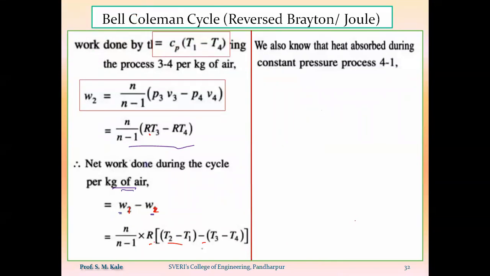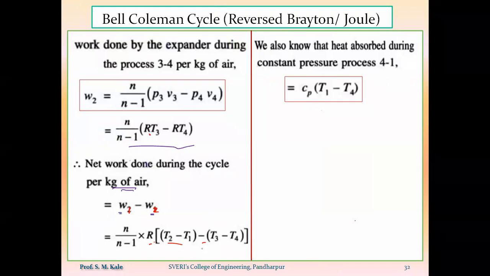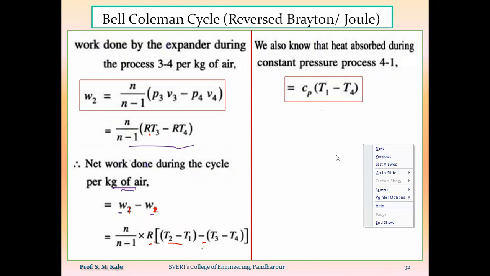So the amount of heat absorbed during the process 4 to 1 will be calculated by using the formula Cp into delta T, where delta T is T1 minus T4. This is nothing but heat absorption QA, and this is nothing but net work done.